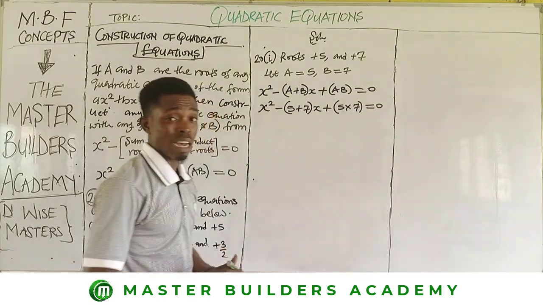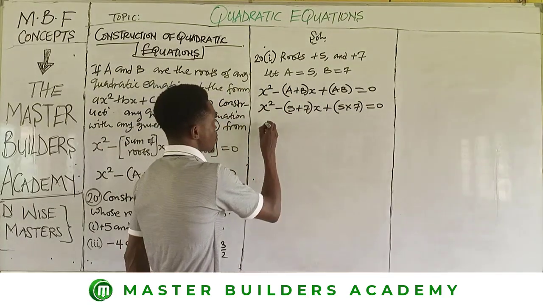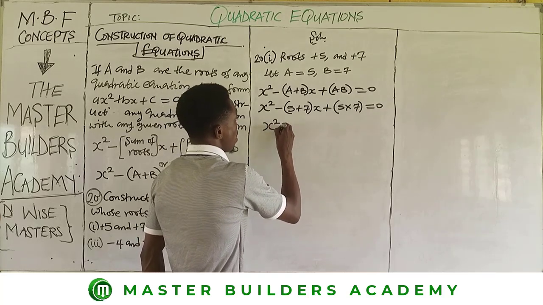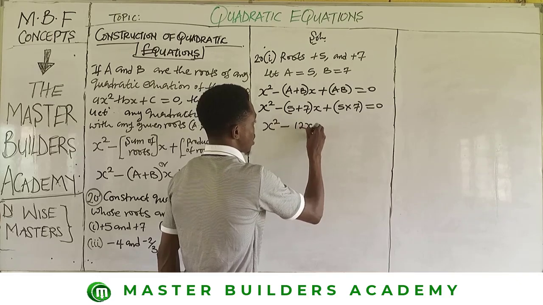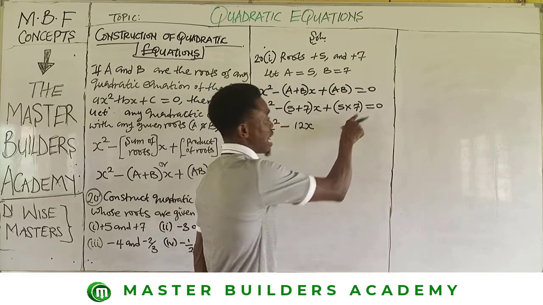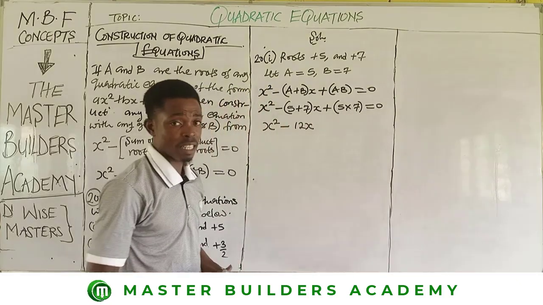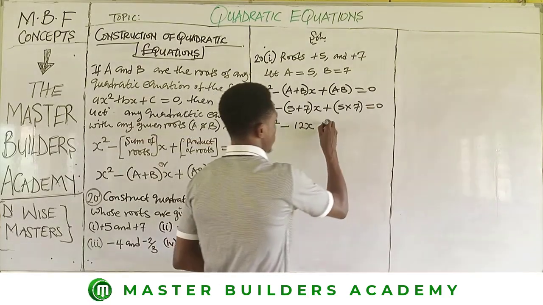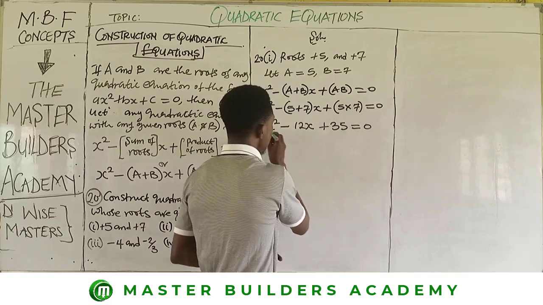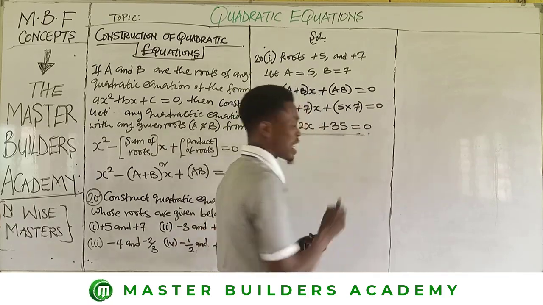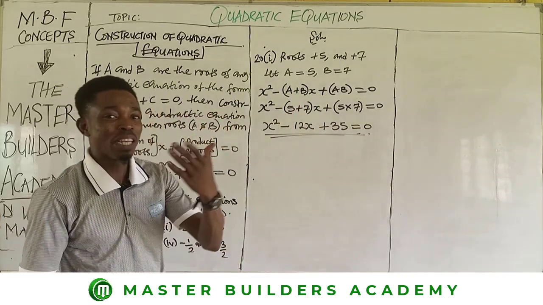It is very, very simple to have this done. So at this point, this gives us X squared minus 5 plus 7, which is 12, times X, that is 12X, and 5 times 7 gives us 35. So this is the answer to this question. Guys, you see how simple it is to construct a quadratic equation.